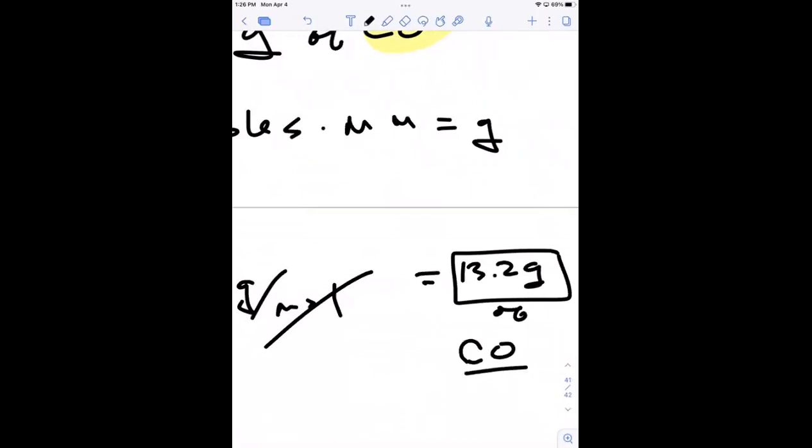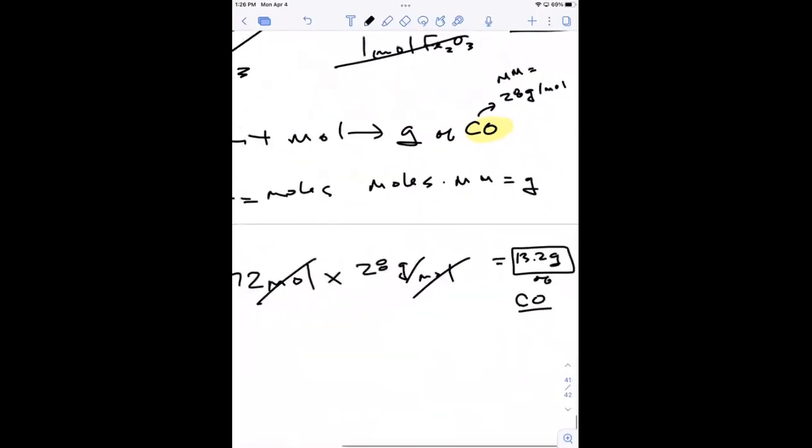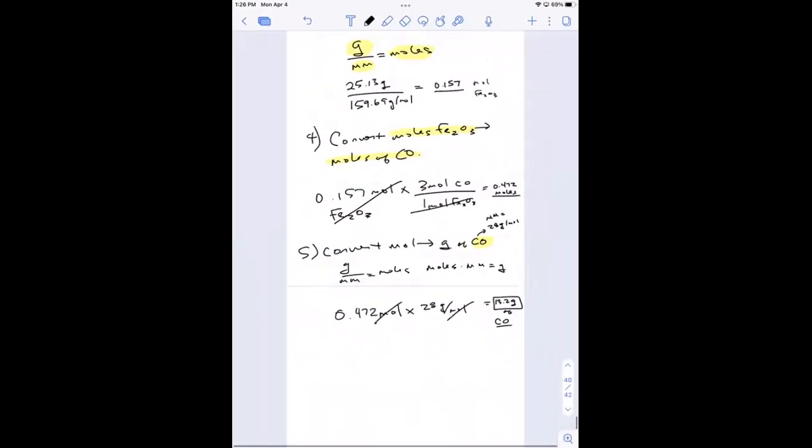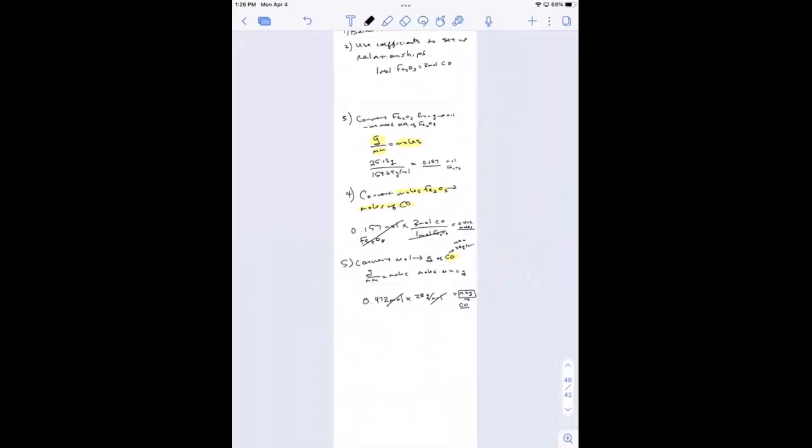So what this is saying is that if we're in a lab and I ask you to run a reaction with iron oxide and carbon monoxide, which is a gas, to give me iron plus CO2, and I said, I'm going to give you 25 grams of iron oxide, you would have to figure out how much carbon monoxide to add.